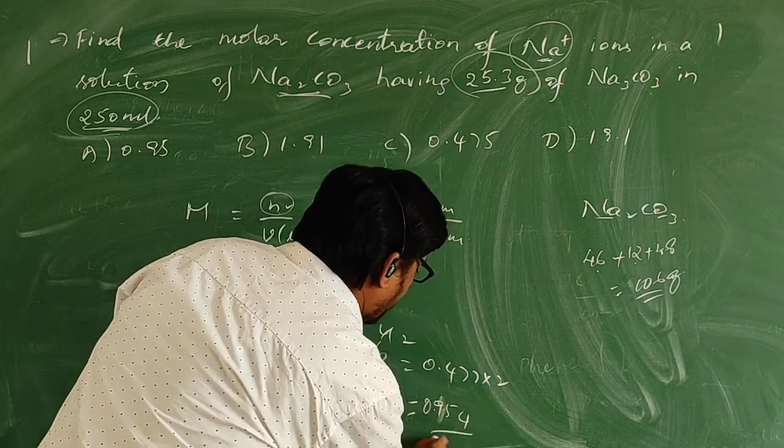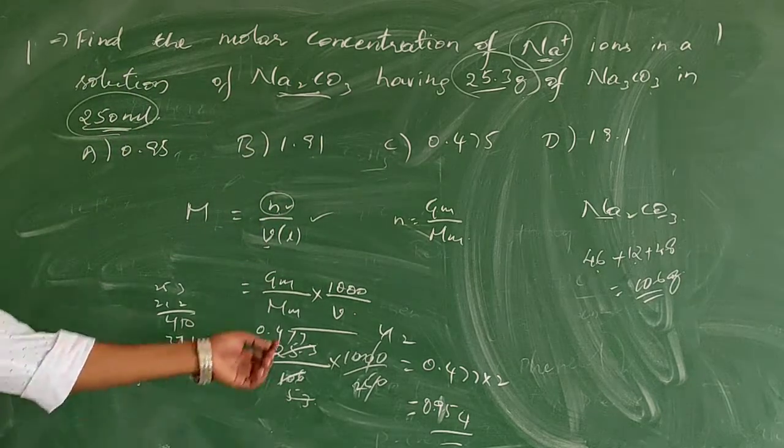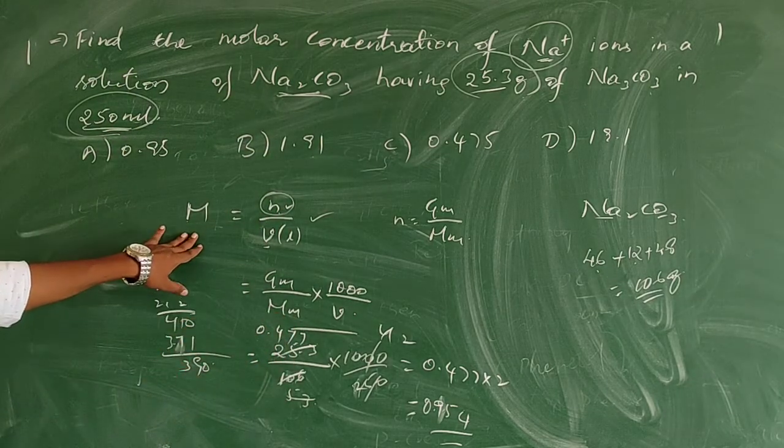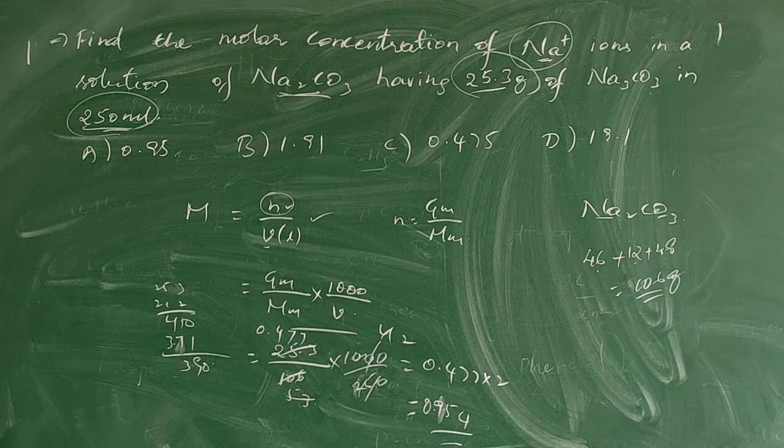We will get 0.954. So this is the concentration of sodium carbonate solution.